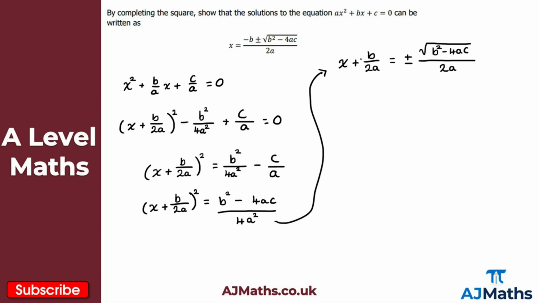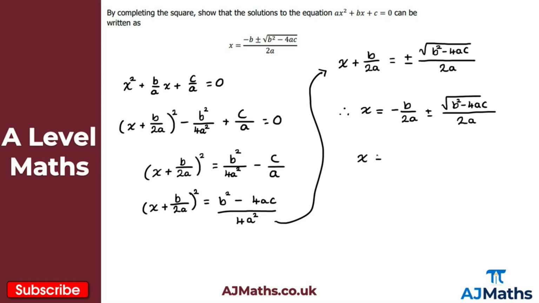The only thing we need to do then is get rid of this plus b over 2a. When I subtract that onto the other side, what I'm going to get in this case is x equals minus b over 2a plus or minus the square root of b squared minus 4ac all over 2a. Now, because these are already over a common denominator, we can write that as a single fraction.